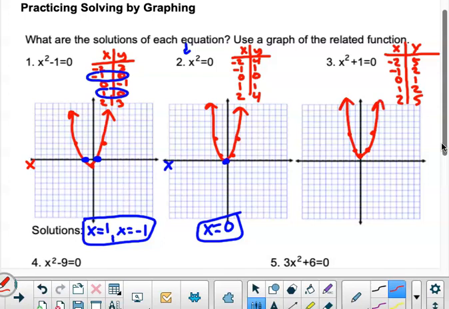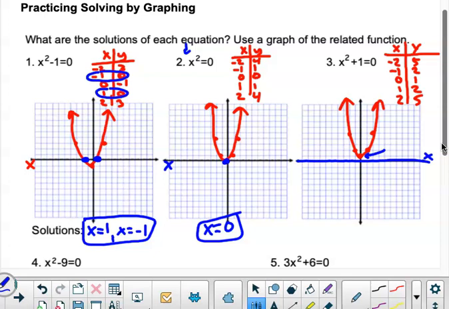And then here's where we get something that's a little bit different. My solutions are whenever the red parabola crosses this blue x-axis. Well, that's not happening here. There's a gap. I have an increasing or a smiley face parabola, and it hasn't touched the blue line yet. But as you can see here, the red parabola is never going to get close enough to touch.